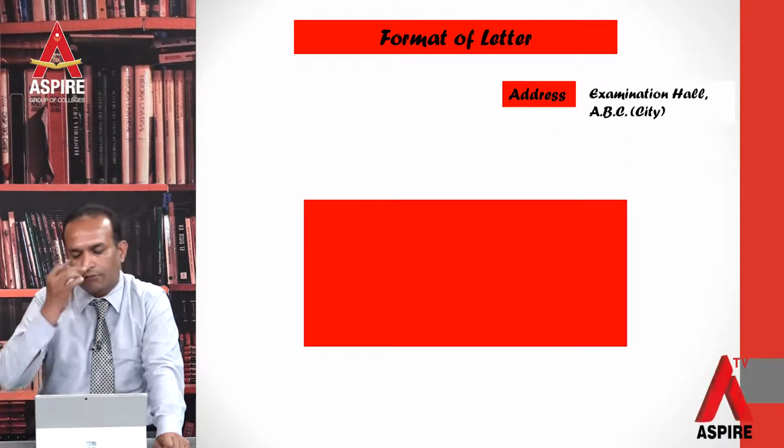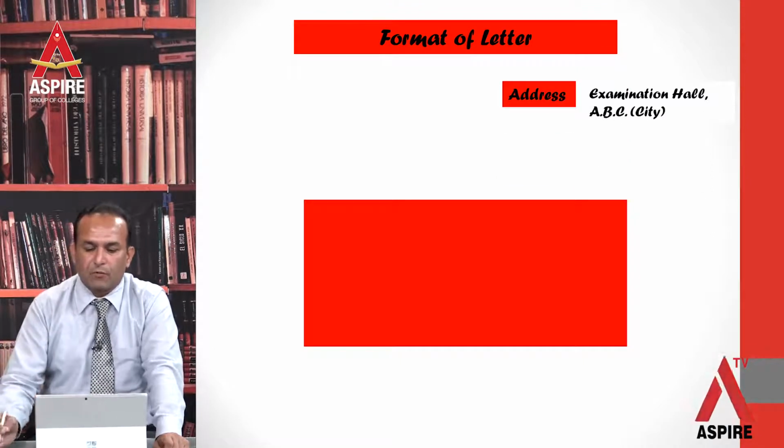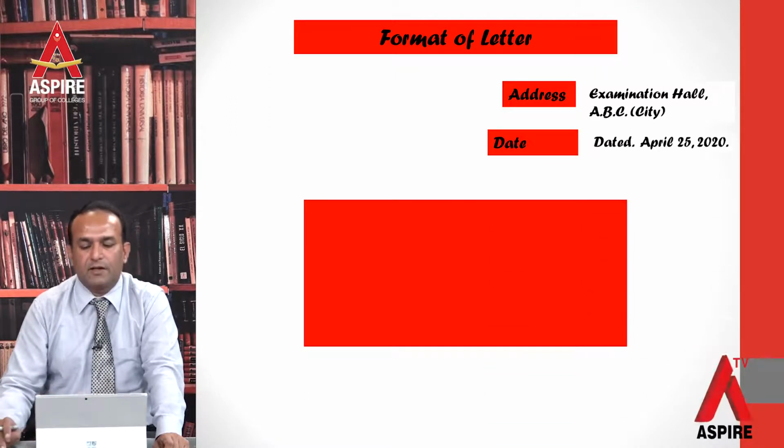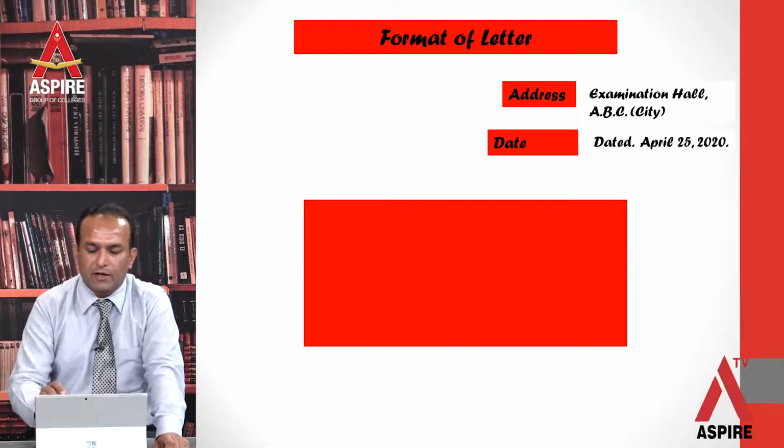You can see here, first of all, address. What is address? Examination Hall, A, B, C with full stop and then city in parentheses. Blank line and then a date line like April 25, 2020. The word dated should not come here.